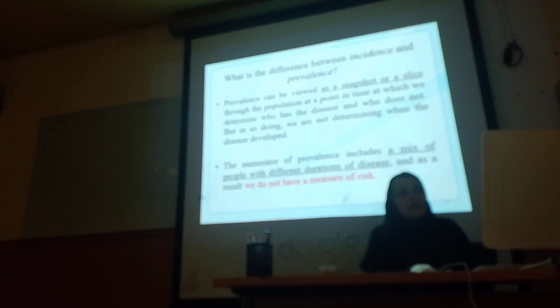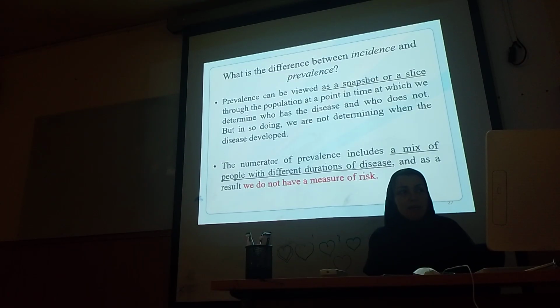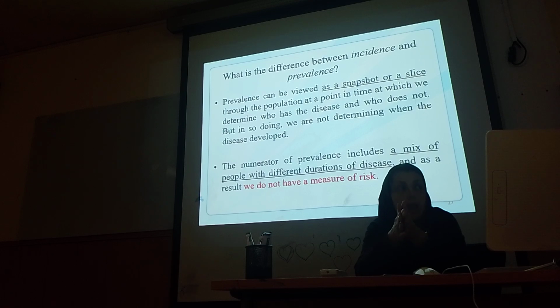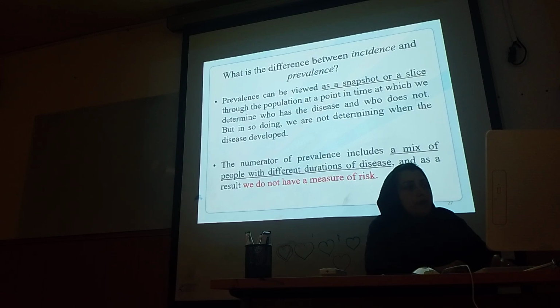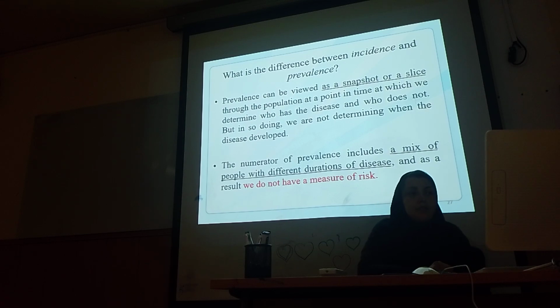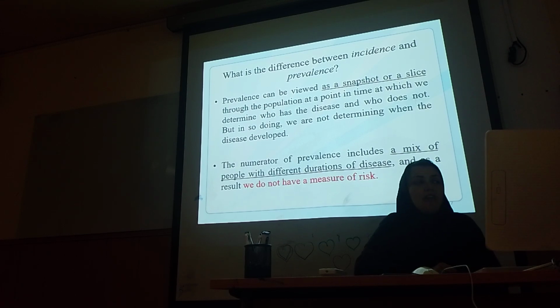So what is the difference between incidence and prevalence? Prevalence can be viewed as a snapshot or a slice through the population at a point in time at which we determine who has the disease and who does not. Okay? The numerator of prevalence includes a mix of people with different durations of disease.